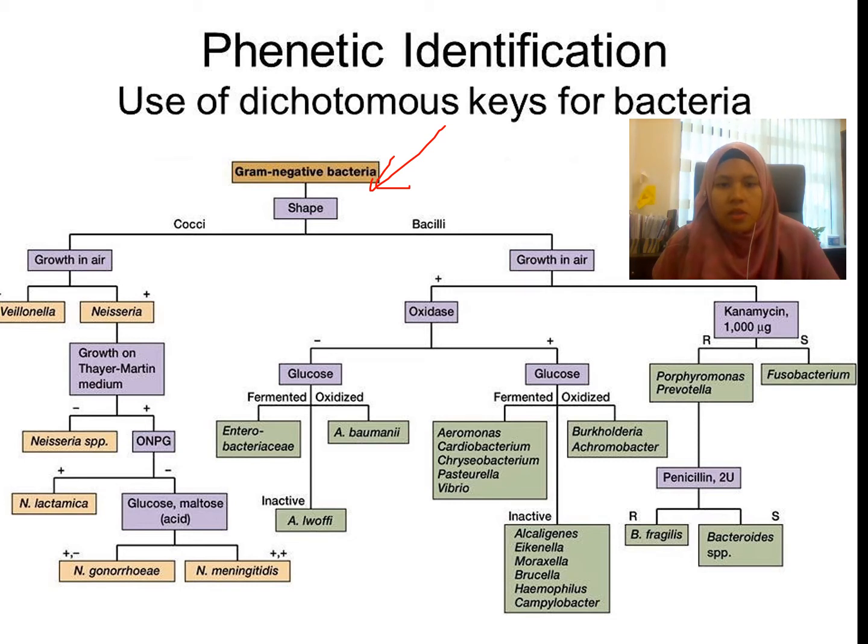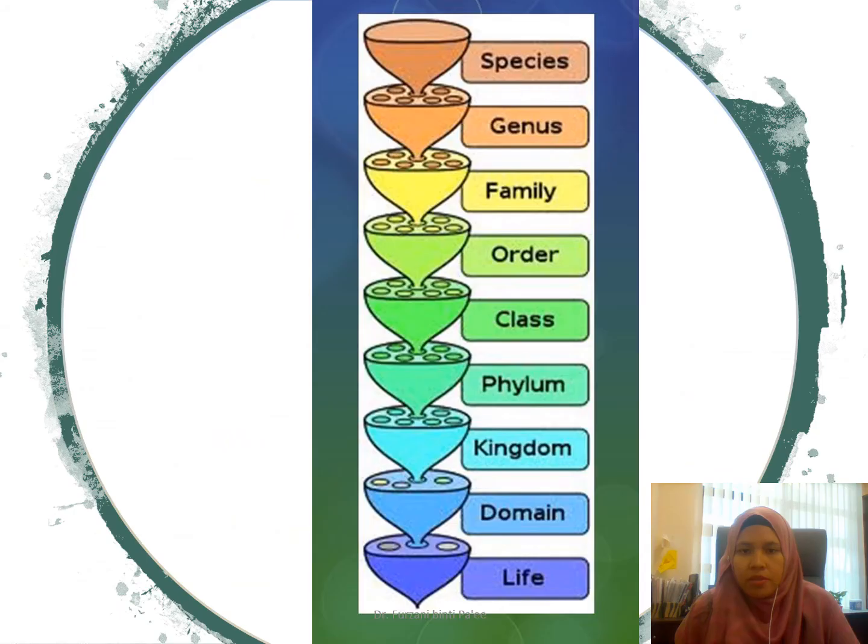If it is a bacilli shape, and then growth in air, whether it's using the LCDs or the kanamycin, and then you just follow this flowchart, and then at the end, you will know the genus and the species name, the one at the end. Alright, so this is how the dichotomous key helps us in identifying the bacteria.